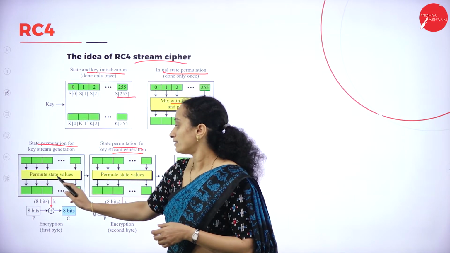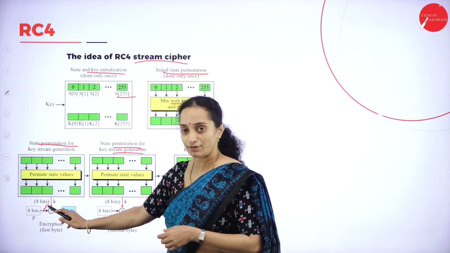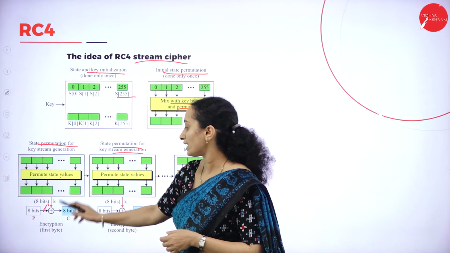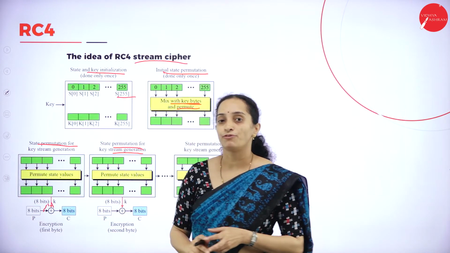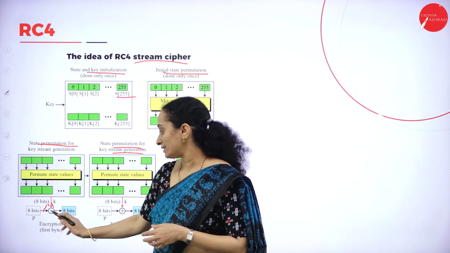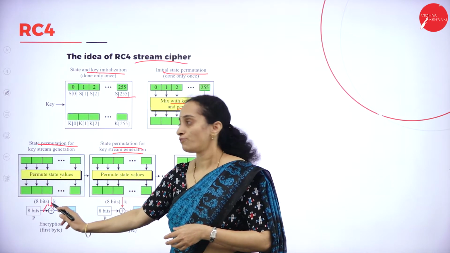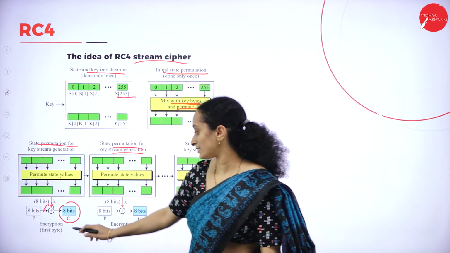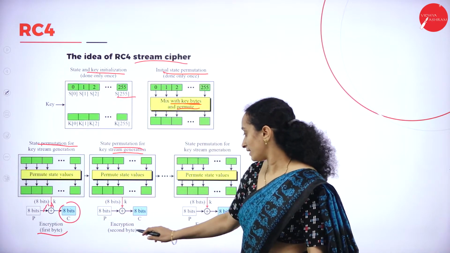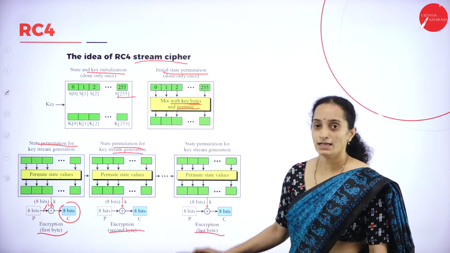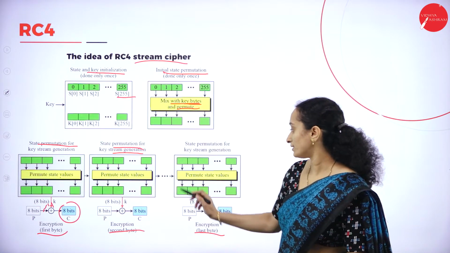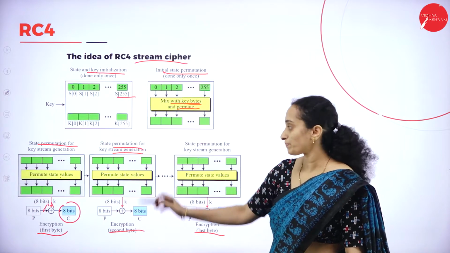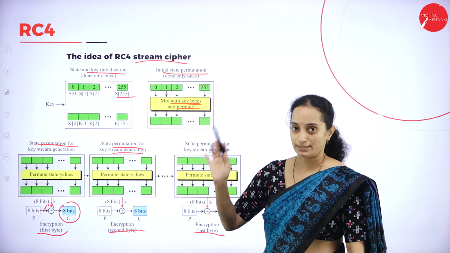Okay, we have the permuted state values with the first set of 8 bits, that is K0. 8 bits of plain text is XORed with 8 bits of the key to get 8 bits of cipher text. This is the first byte, second byte and the last byte. So it is continued in the same way. This is done the first time.